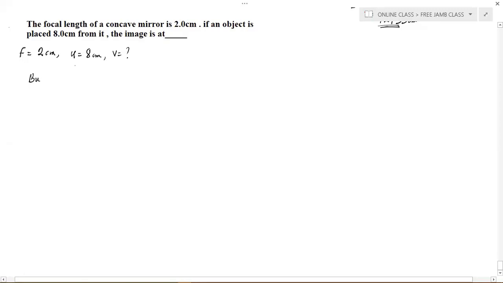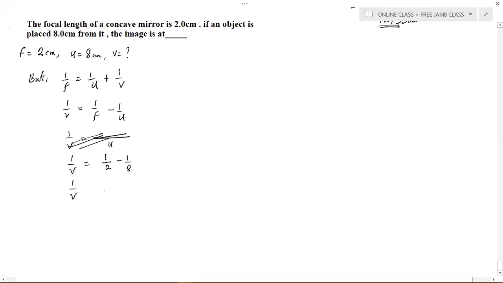All we know is that 1 over F equals 1 over U plus 1 over V. So 1 over V is equal to 1 over F minus 1 over U. That is, 1 over V equals 1 over 2 minus 1 over 8.